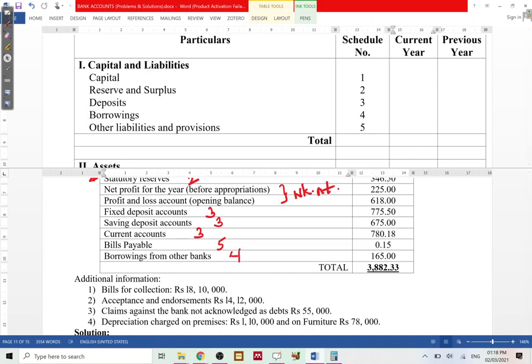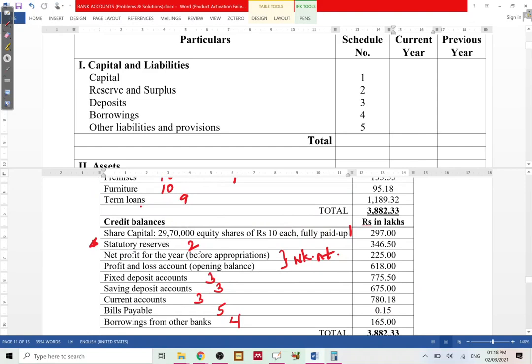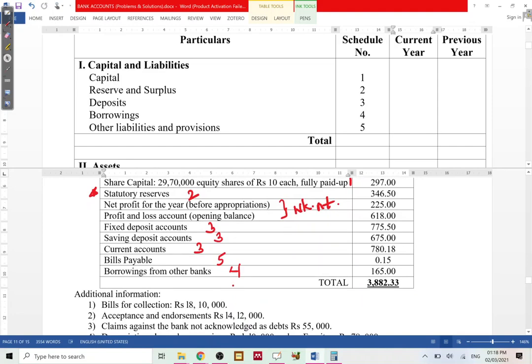So this way you need to identify which are loans given, which are loans taken, and accordingly decide whether they go in liabilities or assets. When it's clearly mentioned which are credit and debit balances, it's very easy for you to accordingly bifurcate it and put it in the respective schedules.